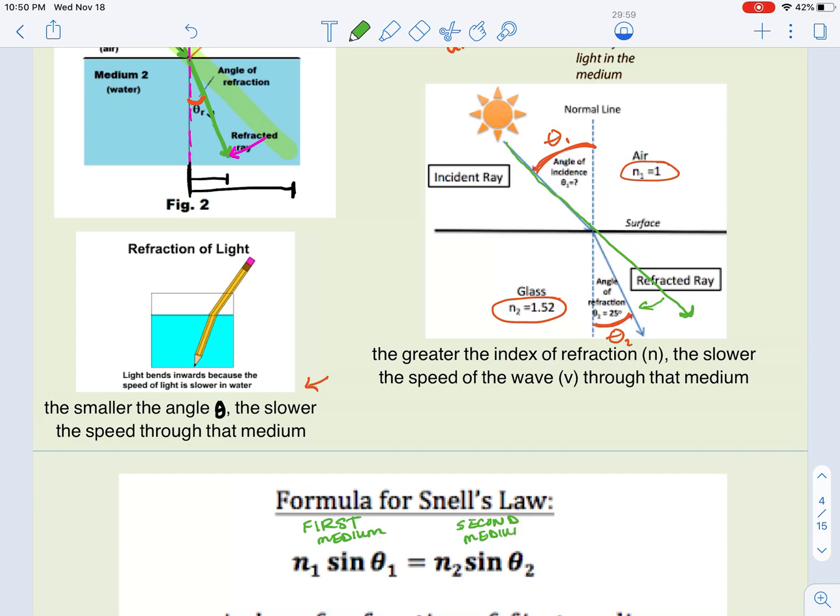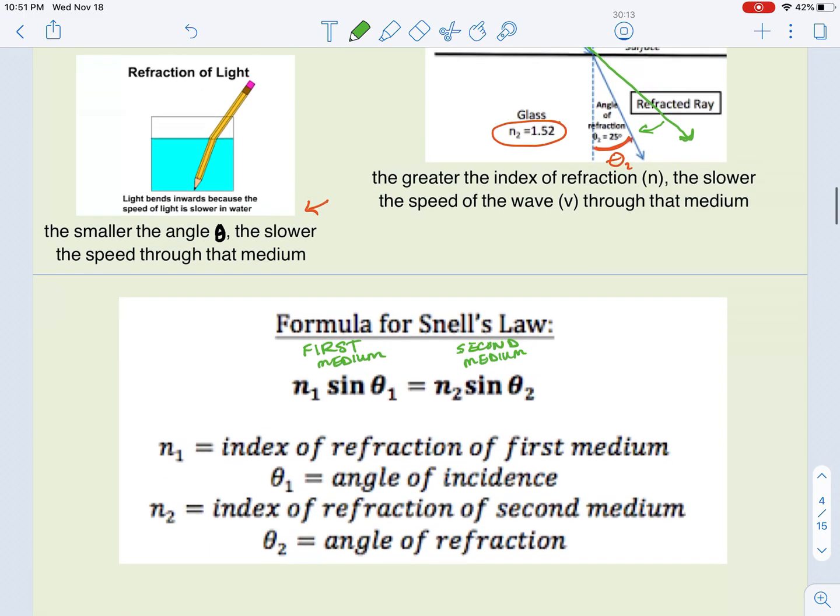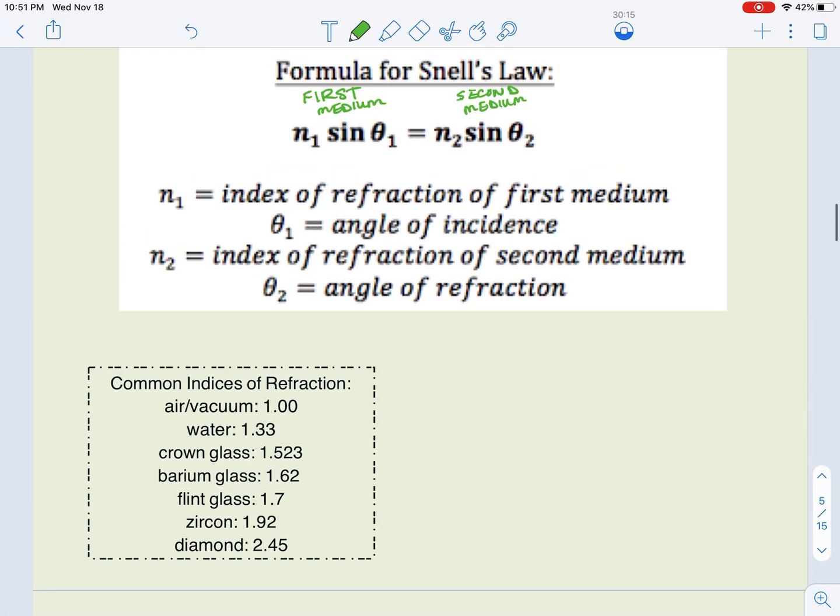That is equal to the n value for the second medium. So as you are interpreting your word problems, you're going to need to keep track of what material it started in and what material it finished in. The second medium is going to be N2, and we're going to multiply that by the sine function of theta 2, which would be the refracted angle.